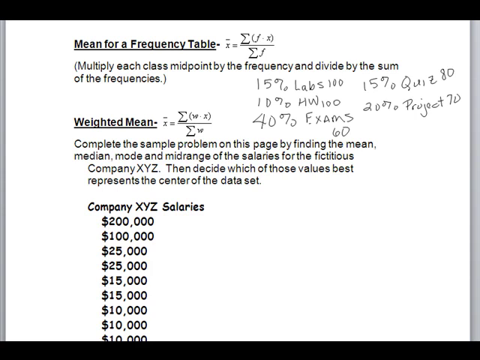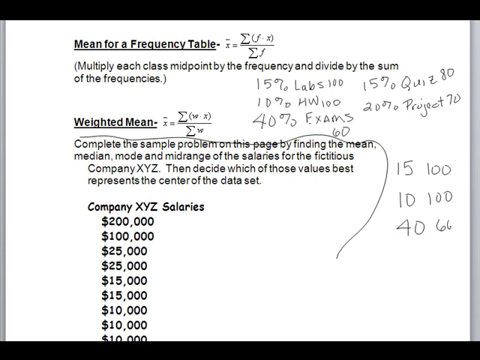The weight is 15 for the labs, which counts 100, and 10 for the homework that counts 100. I'm giving you 40%. He has 60 on this, a fictitious student. 15% for the 80, and, sorry about that, 20% for the 70.